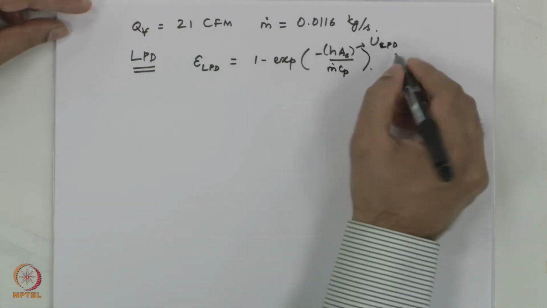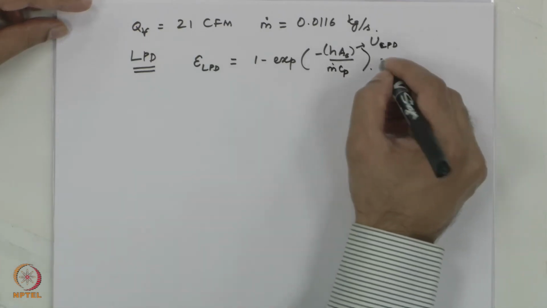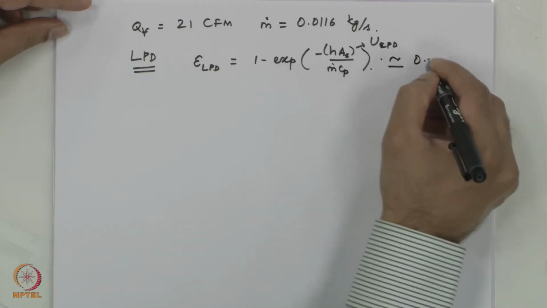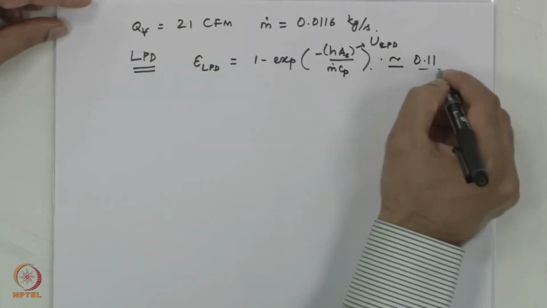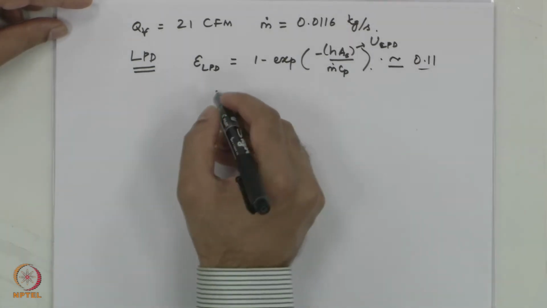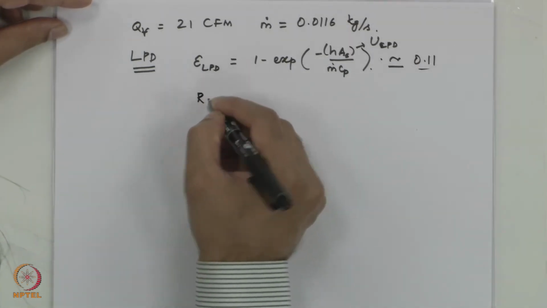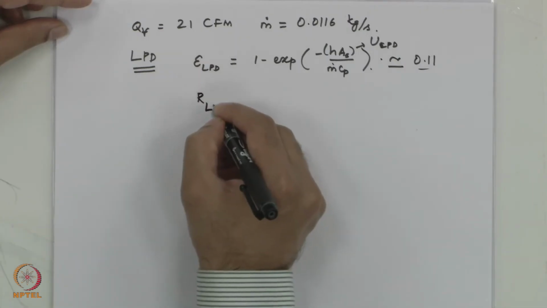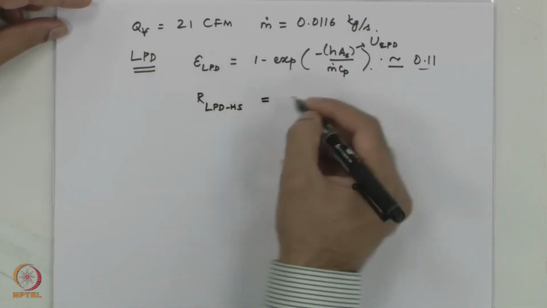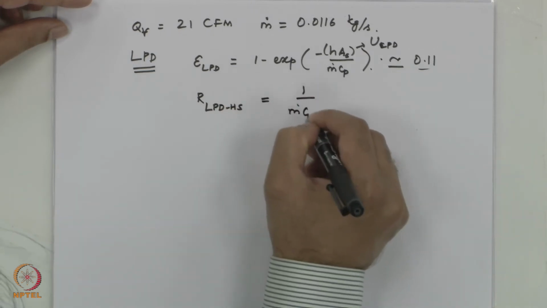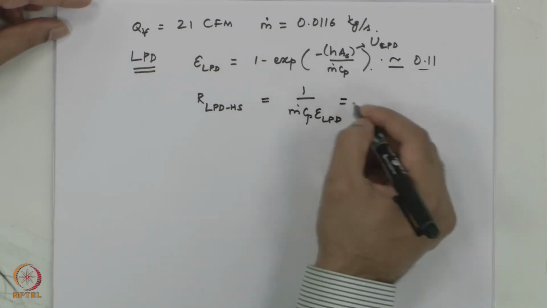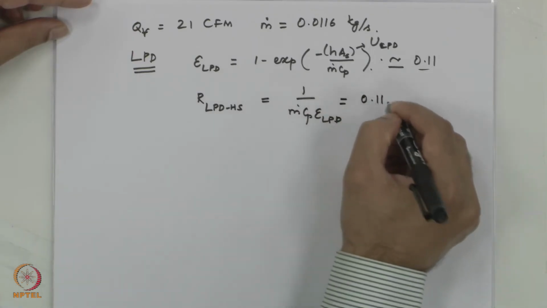And if you use the values and calculate, the effectiveness of the heat sink that is sitting on top of the low power device is only 0.11, and if you use that and calculate the low power device heatsink resistance, then it turns out to be 1 by m dot C sub p times L by D is equal to 0.11.